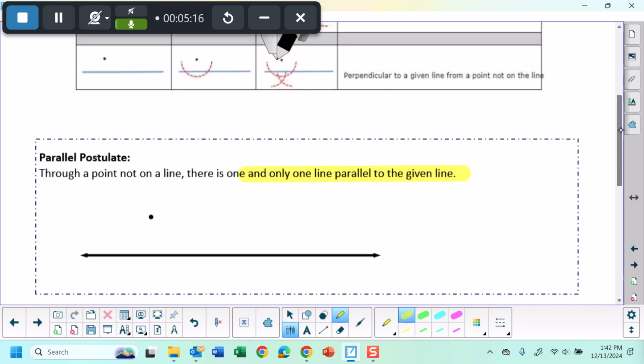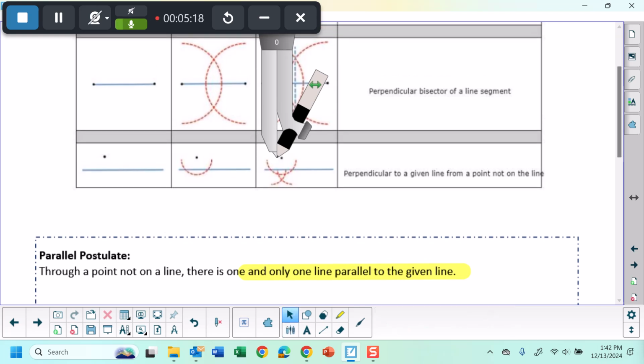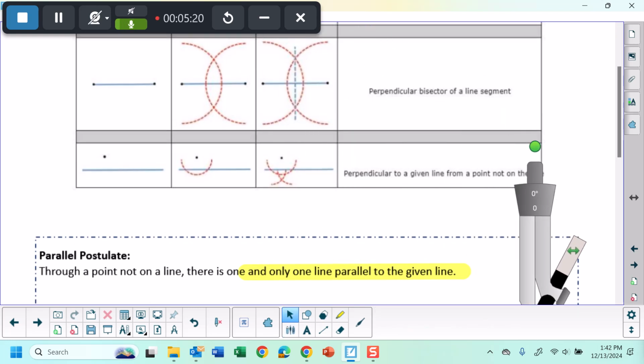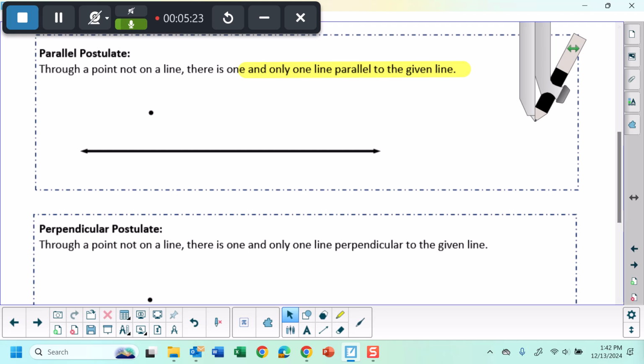So go ahead and get your compass, have your straight edge, because we're going to do this construction together.